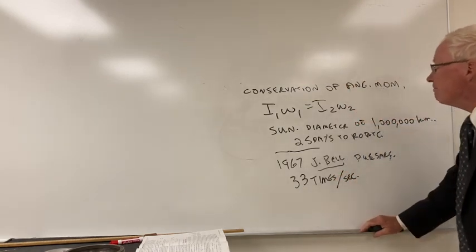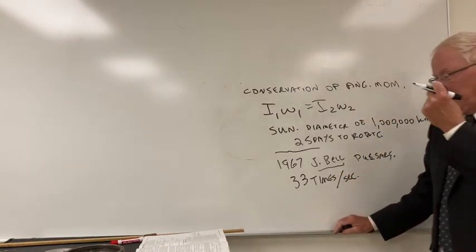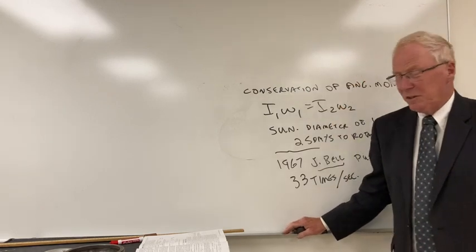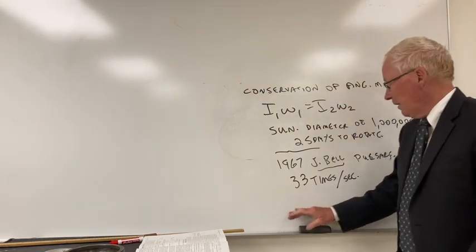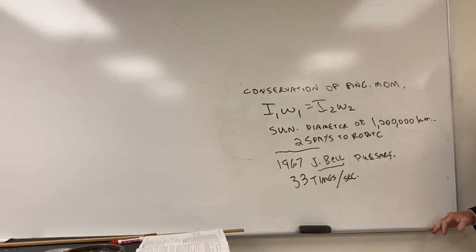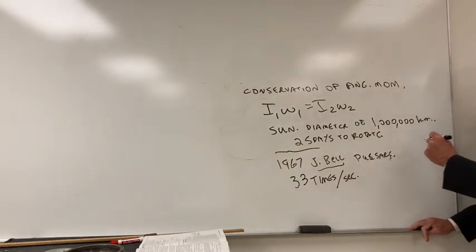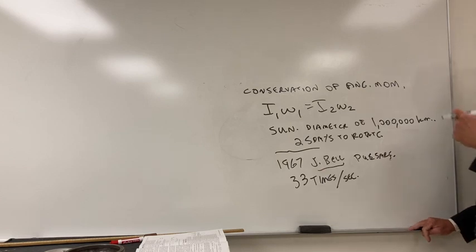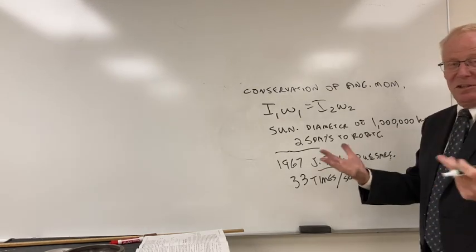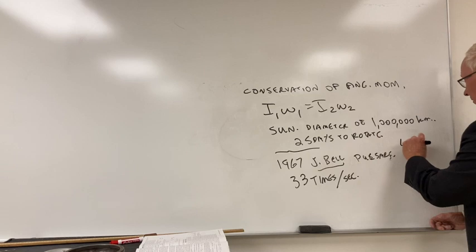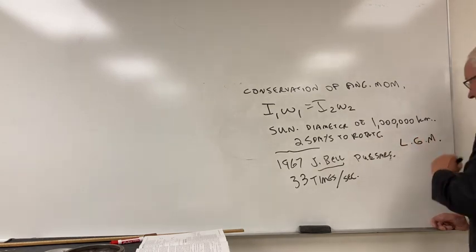Flashing on and off 33 times with extreme precision. At first they had no idea, and they thought it might be an intelligent source, so they called this LGM after Little Green Men.